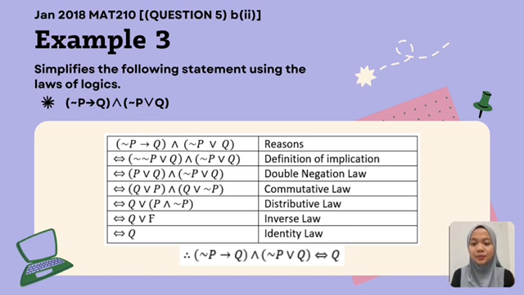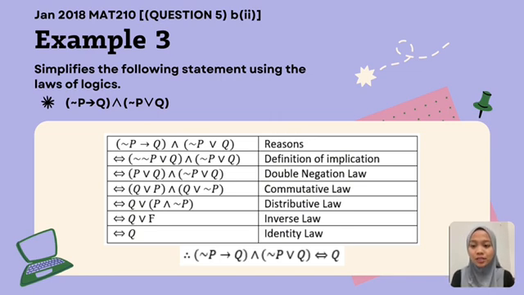So the next step is we need to apply the distributive law between the two statements, Q or P and Q or not P. Between two statements, we have the conjunction sign. So we need to apply the distributive law. So the answer is Q or P and not P. For the second last step, we need to apply the inverse law.